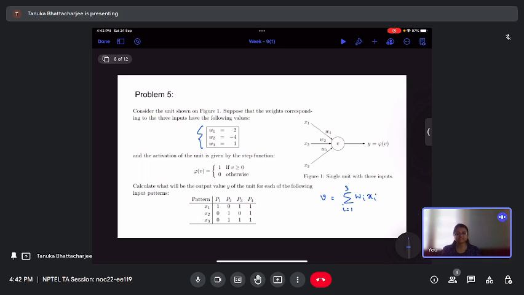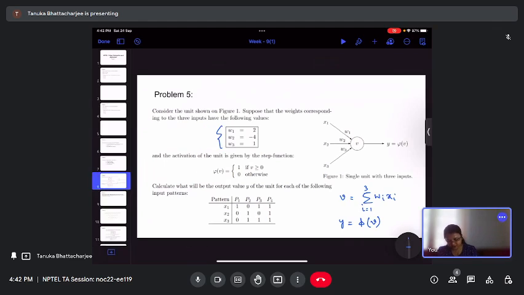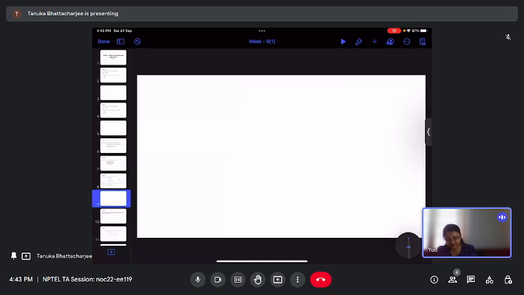So, let us try to see this. As we have already written, the equation of V is summation i equals 1 to 3 Wi xi, and your final y value is phi of V. We are applying the step function on V. So, if we simplify, y is phi of V, that is equal to phi of W1 x1 plus W2 x2 plus W3 x3.